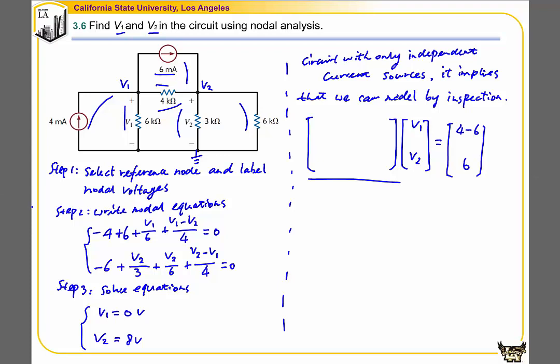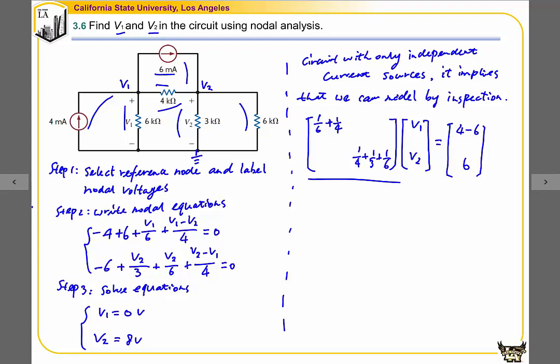The diagonal entries are the summation of the conductances of the resistors connected to the nodes. For node V1, we have 1 over 6 plus 1 over 4, and that's it. For node V2, we have 3 branches connected, so we have 1 over 4 plus 1 over 3 plus 1 over 6.